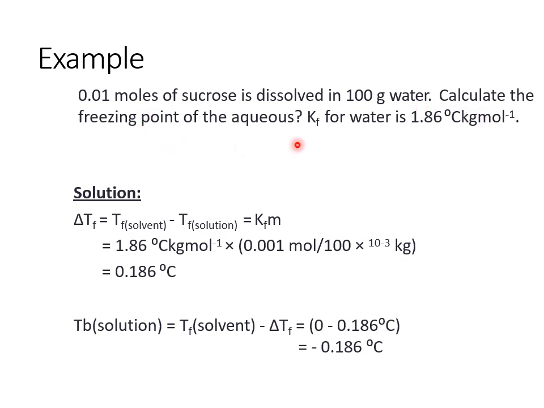Calculate the freezing point of the aqueous solution. KF is given as 1.86, multiplied by molality 0.01 mole over 100 grams converted into kg.